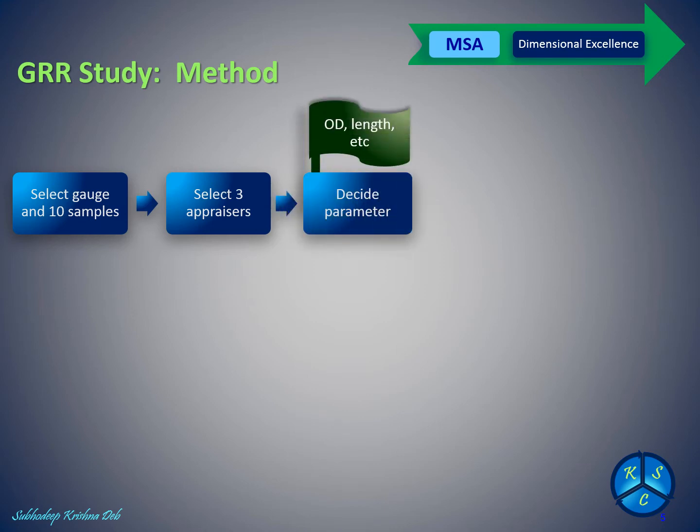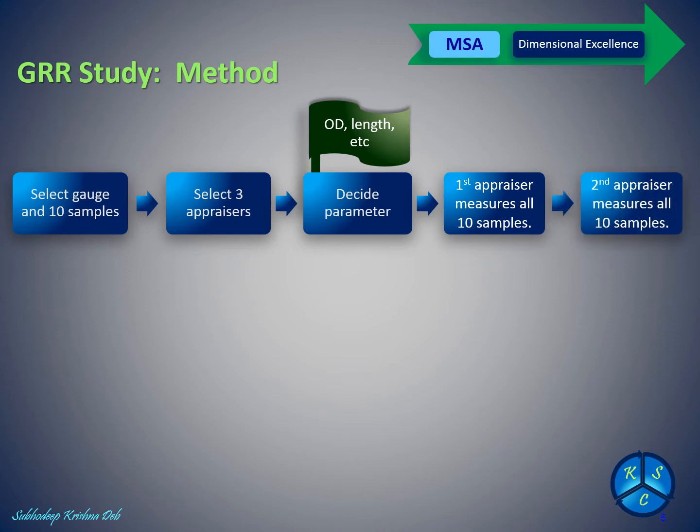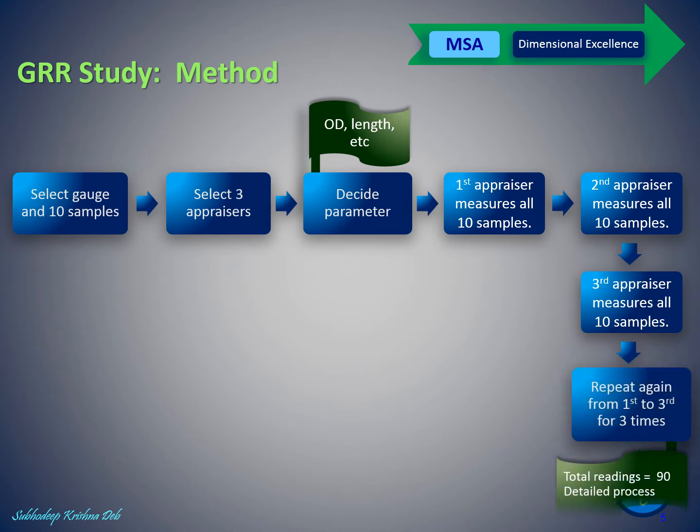Then we have to decide the parameter on which we have to do the measurement study, for the OD or the length, whatever it is. Then the first appraiser should measure all the 10 samples. The sequence should be like that. Then the second appraiser should take the measurement, and the third appraiser then comes to take the measurement of the 10 samples. Now these steps we have to repeat 3 times.